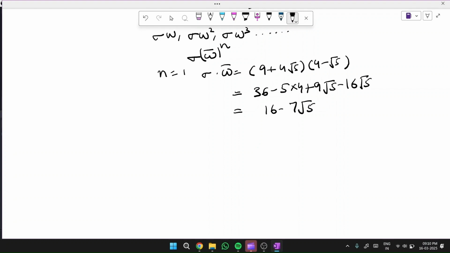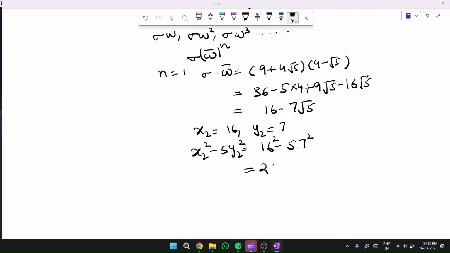Let's call these values x2 equal to 16, y2 equal to 7. Let's see if we produce another solution. So x2 square minus 5 y2 square is equal to 16 square minus 5 into 7 square, which is 256 minus 245, equal to 11. So we are able to get another solution.